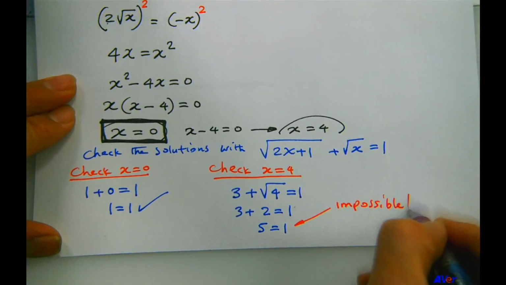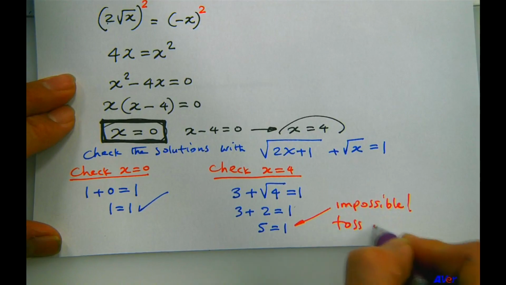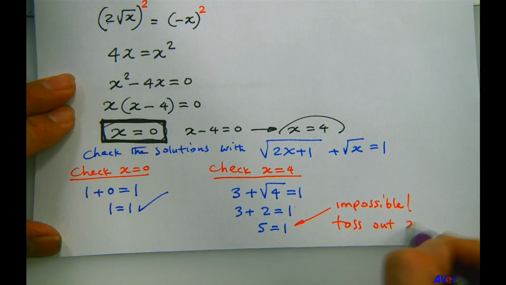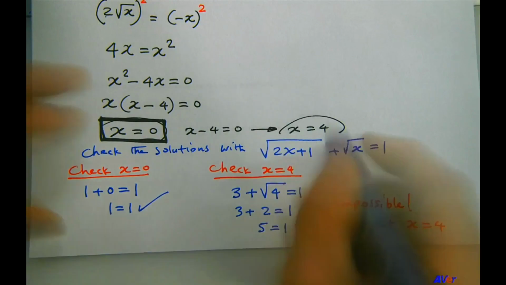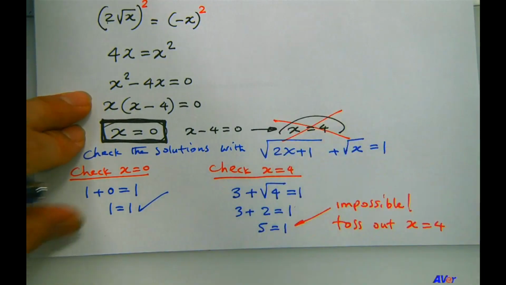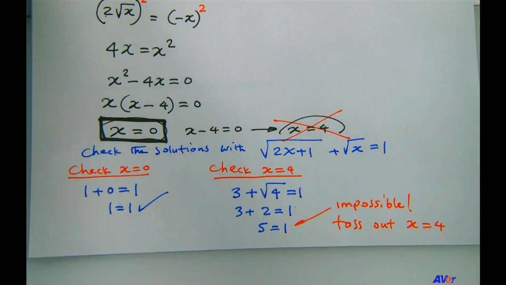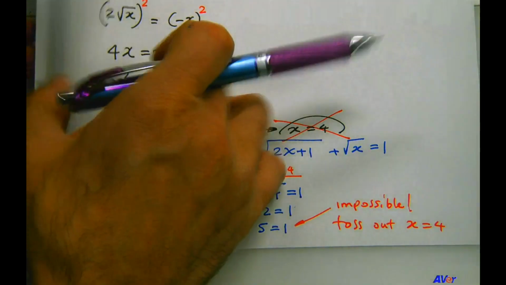Toss out x equals 4. So that one, this solution, we toss it out. So the only valid solution is x equals 0. Okay.